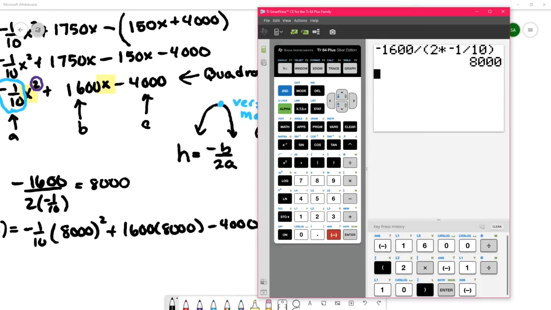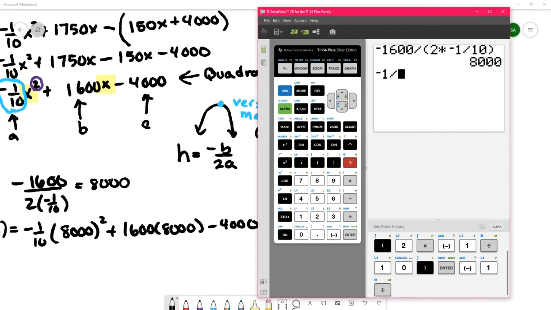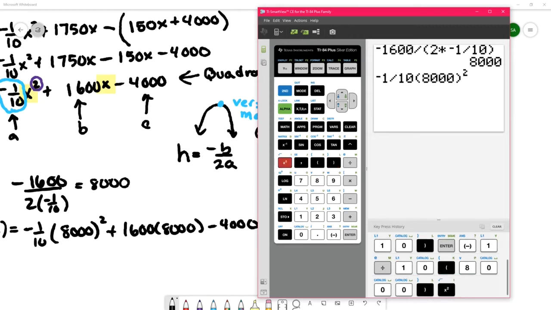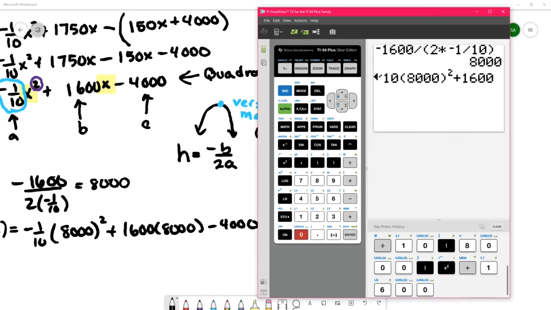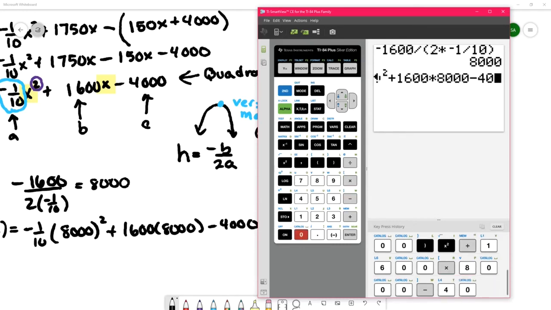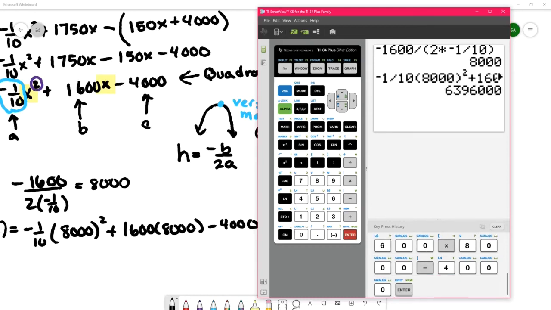We got negative 1/10 times 8,000 squared plus 1,600 times 8,000 minus 4,000. And that gives 6,396,000.